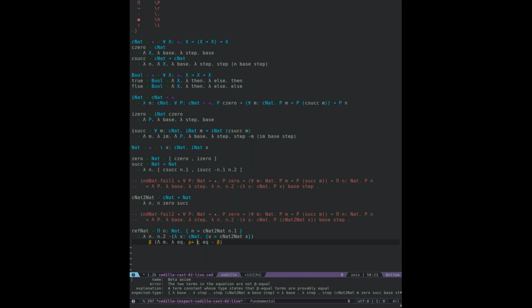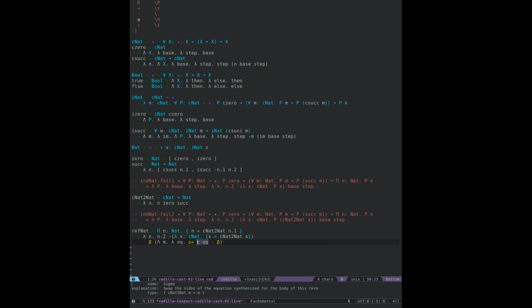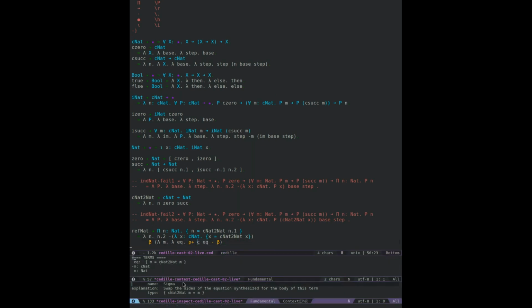So I have another nice little combinator, sigma, which is symmetry of equality, and that says that given that eq is a proof that m is equal to c nat 2 nat m, sigma eq is a proof that c nat 2 nat m is equal to m.